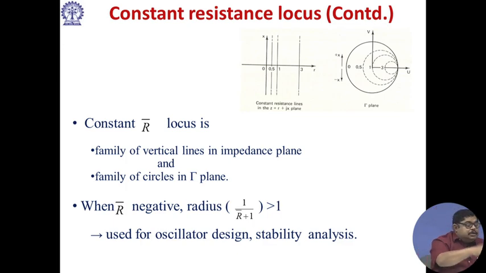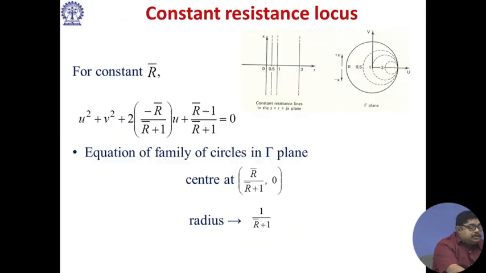and you see what happens if r is negative. You see our expression that radius is 1 by r bar plus 1. So, if r bar is negative, what happens? Radius becomes more than 1. Now, can we have r bar negative? Resistance negative means, yes, in active devices we have negative resistance.